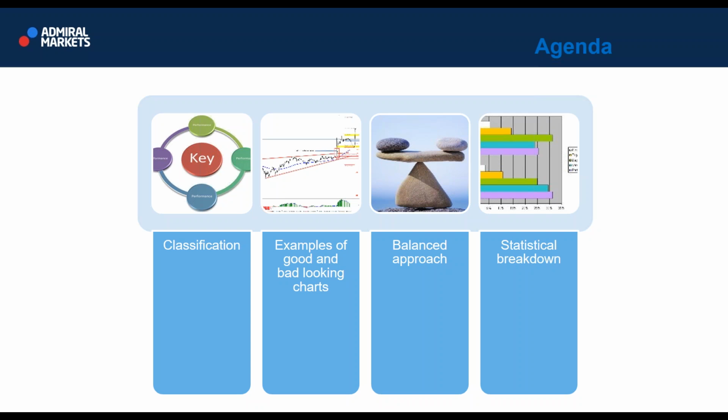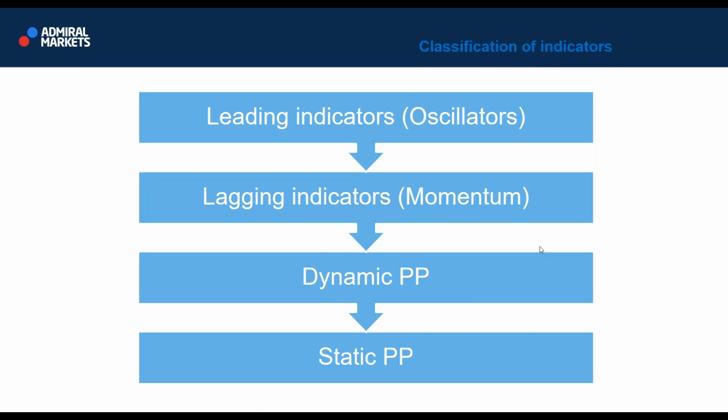So here the thing is, we will talk about classification, examples of good and bad looking charts, balanced approach, and statistical breakdown. For me, the biggest thing here is just classification of the system. Every good system needs to have one leading indicator, a lagging indicator, and a dynamic or static pivot point.